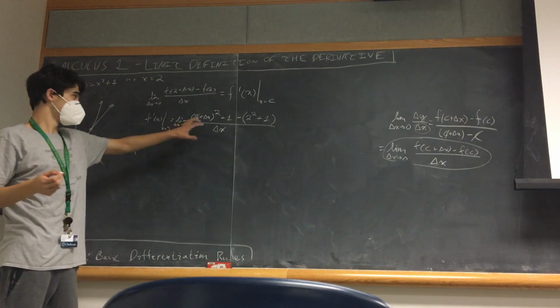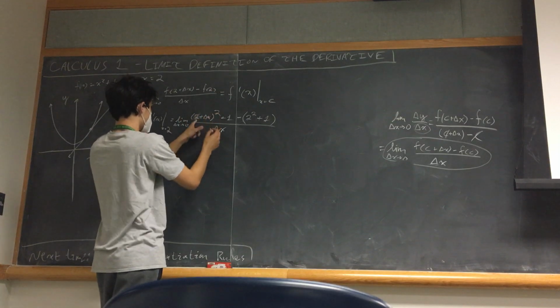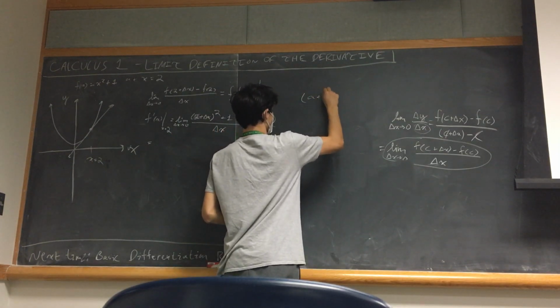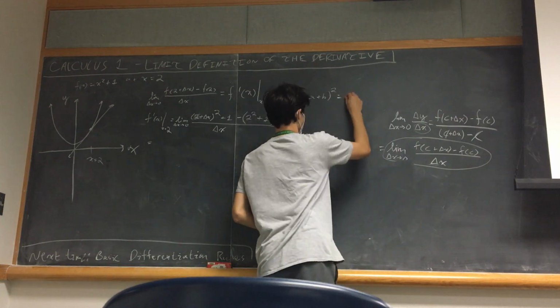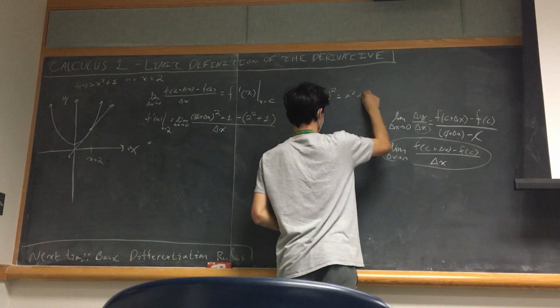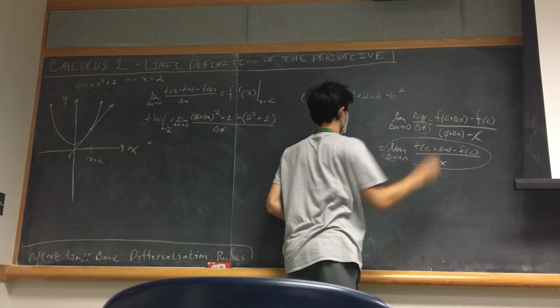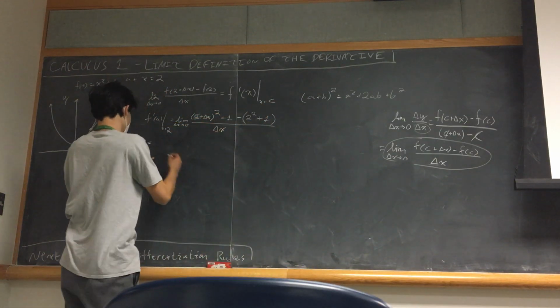And let's move this around algebraically. Let's start by squaring this. So we know that if we have a plus b squared, that is equal to a squared plus 2ab plus b squared. So in this case, our a is 2.